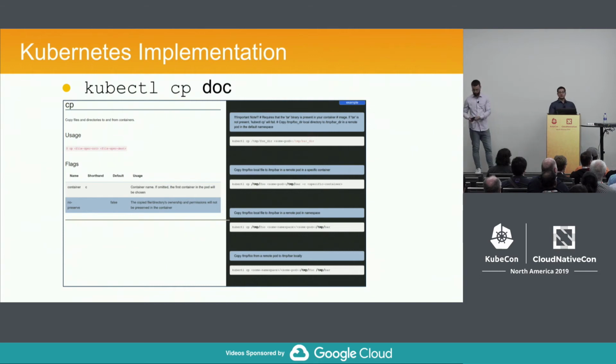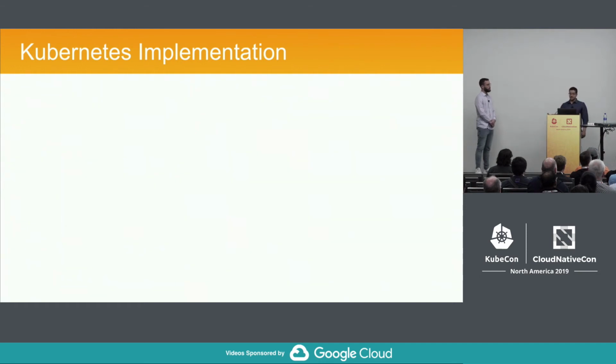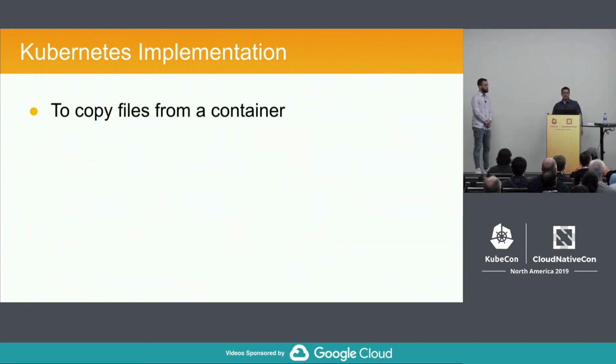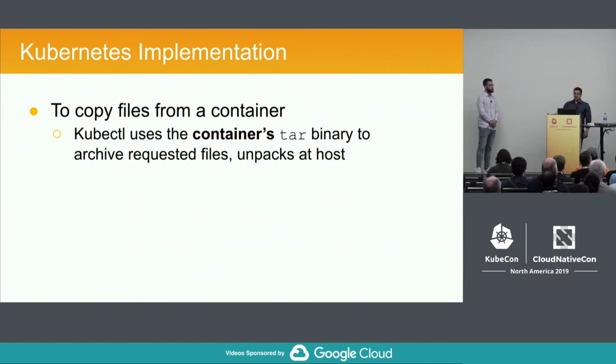So if you want to copy files from a container, it must have the tar binary inside it. Otherwise, the operation would just fail. And this implies heavily that the kubectl command simply executes the tar binary from inside your container. And this was actually the implementation. To copy files out of or into the container, it uses the container's tar from /bin/tar, /usr/bin/tar, wherever it would have the tar file.